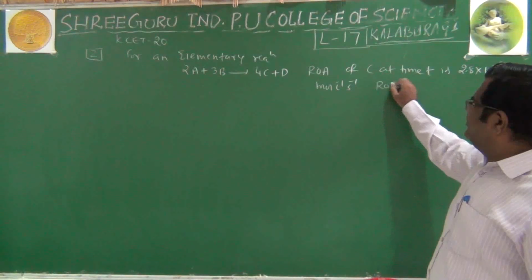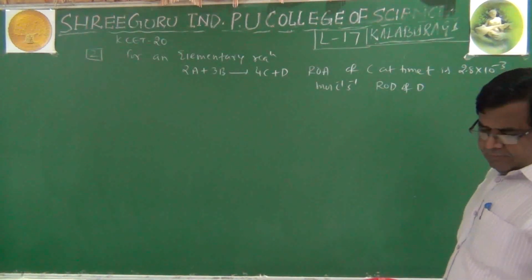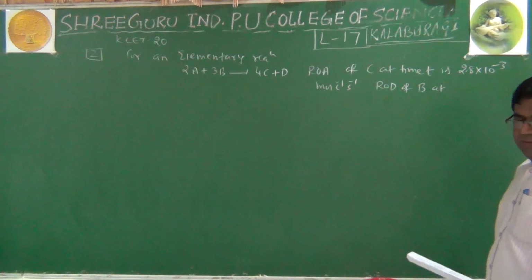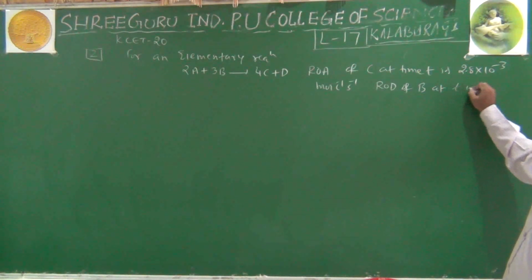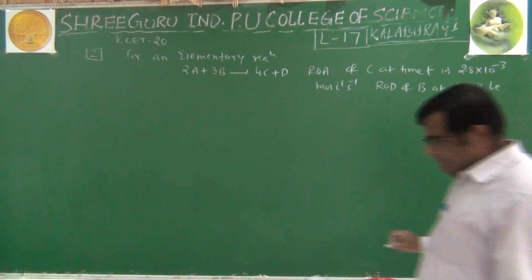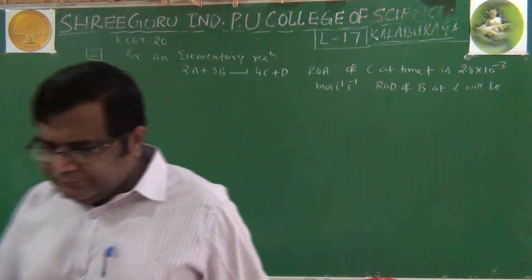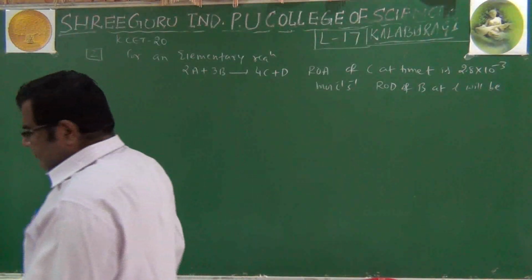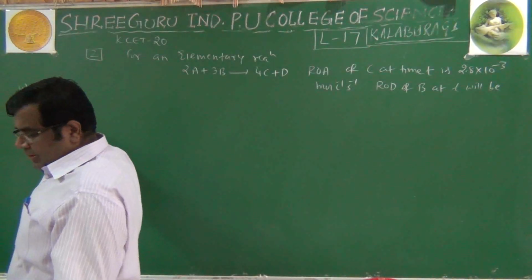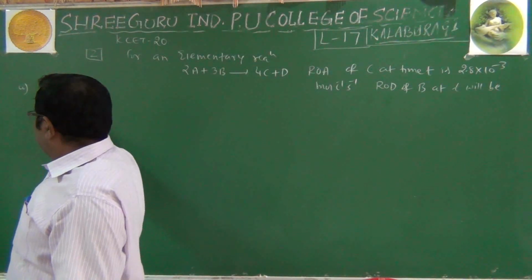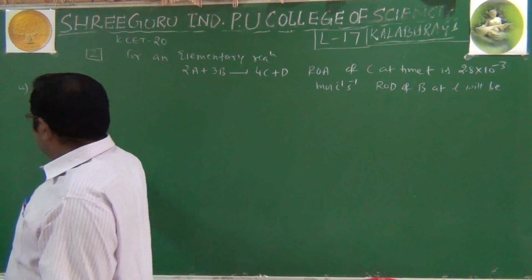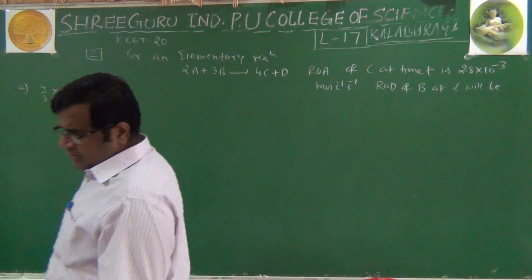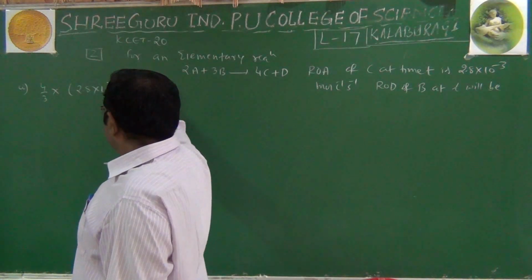Rate of disappearance of D at time t will be, and they have given 4 options here. A is 4 by 3 into 2.8 into 10 raised to minus 3 mole per liter per second.